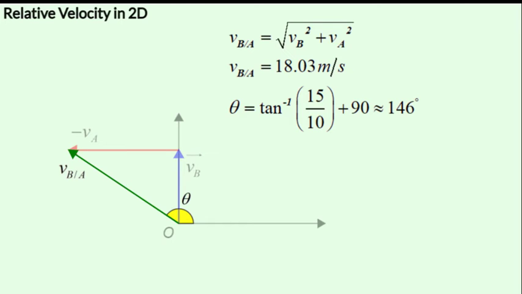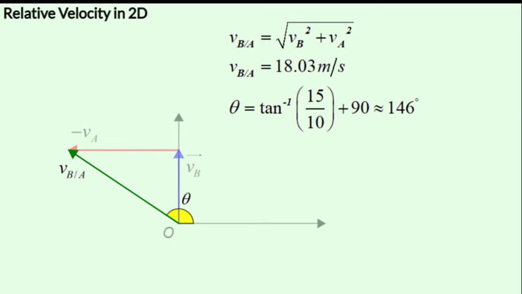The angle made between the vectors VB and VB with respect to A will be the tan inverse of VA over VB, or the tan inverse of 15 over 10, which is 56 degrees. Therefore, the angle made with the x-axis marked as theta would be 90 plus 56 or 146 degrees.